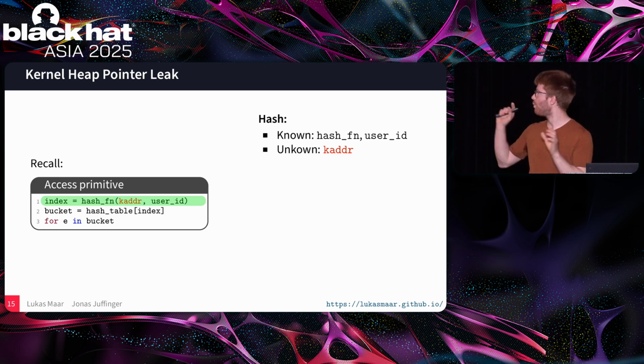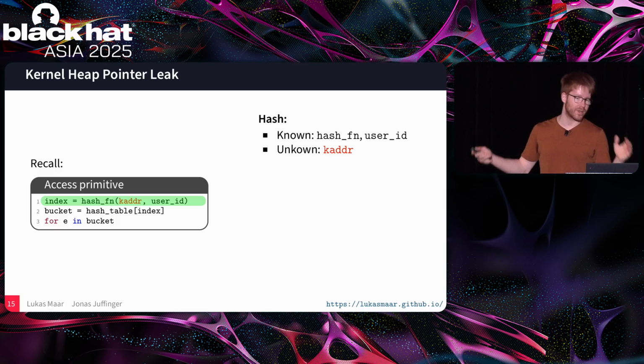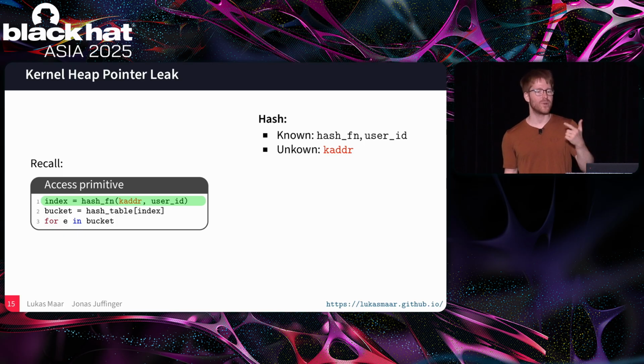And when we analyze this line in detail, we know the hash function because the Linux kernel is open source. We can look it up. And we know the user identifier because we call the access primitive syscall with whatever we like. So we know these two things. But what we do not know is the kernel address. And that's what we aim to leak with our kernel heap pointer leak.